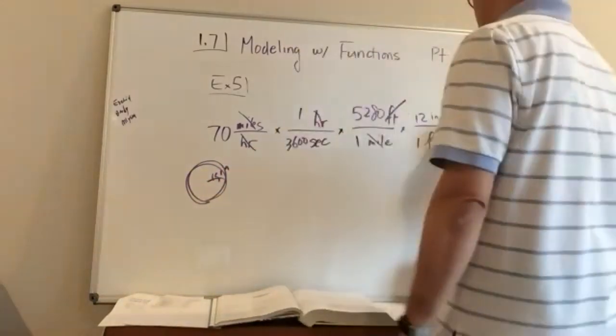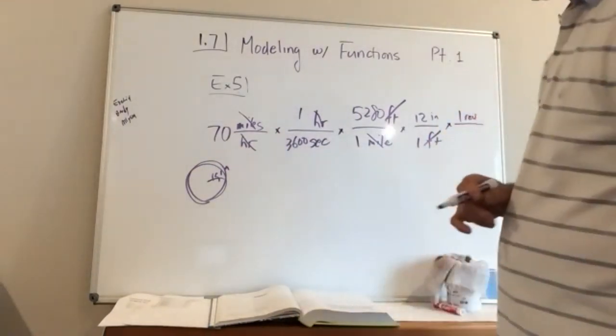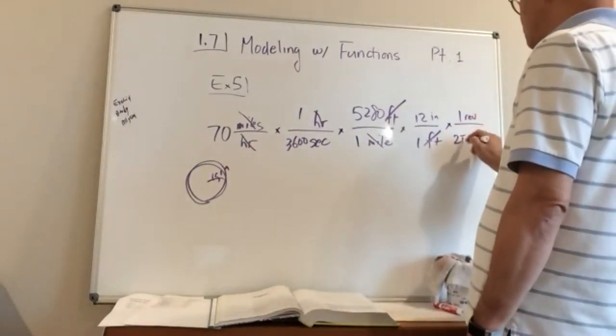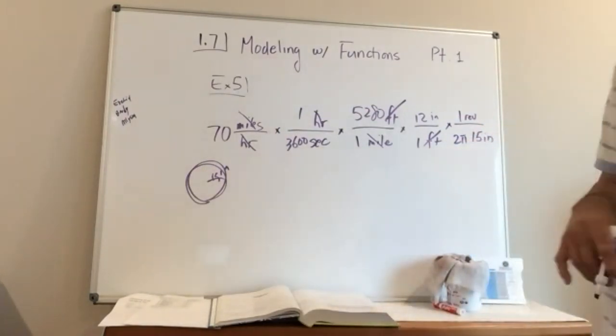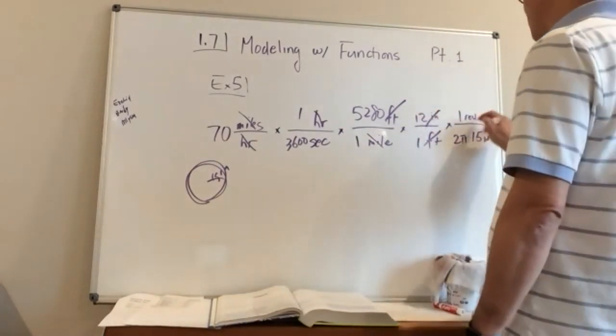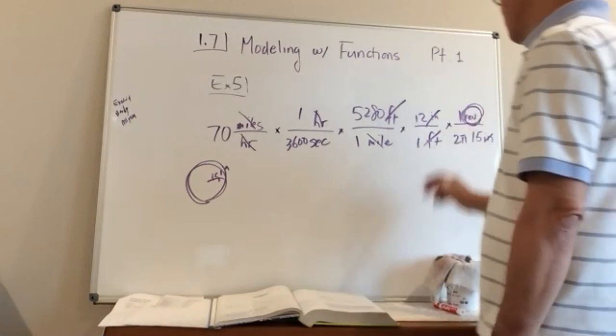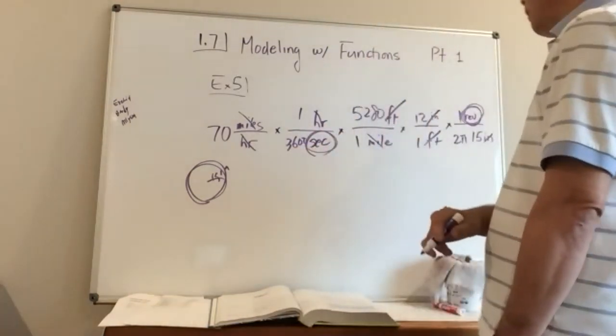So one revolution or rotation is 2 pi r inches, 2 pi times 15 inches, right? So the inches cancel out. What do I have left? I have revolutions per second, which is where I want to be. So I'm done.